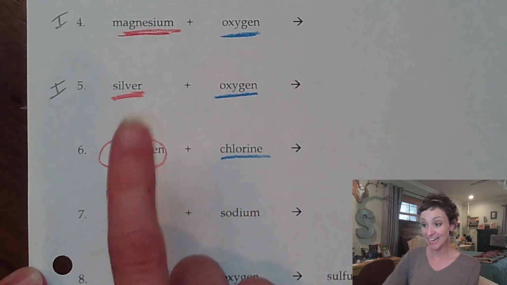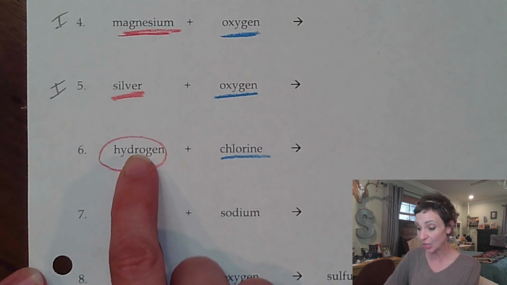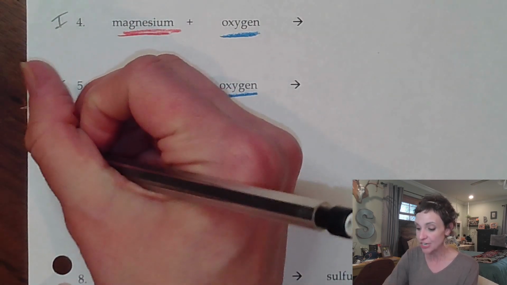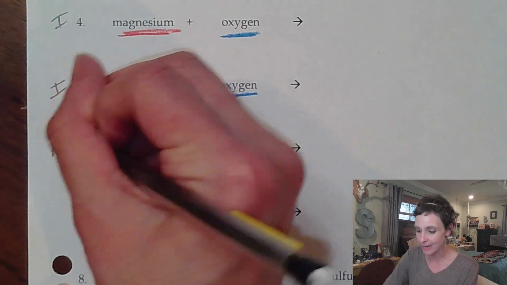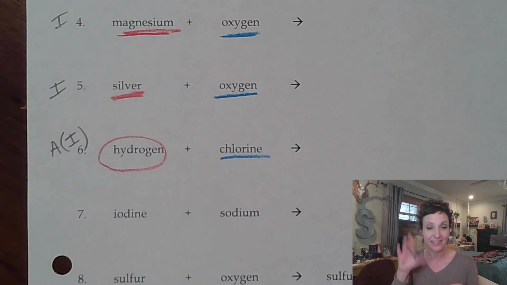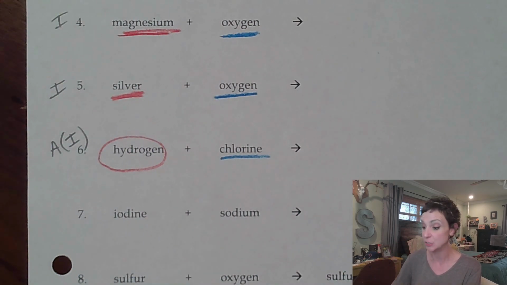If I am bonding hydrogen, who is a non-metal, with chlorine, this is me doing an acid, which technically is also ionic. So I'm going to put a little I in parentheses, because the process of writing a formula for an acid is the same crisscross mentality of understanding the charges of both of those ions and what ratio I need of both to where it is neutral.